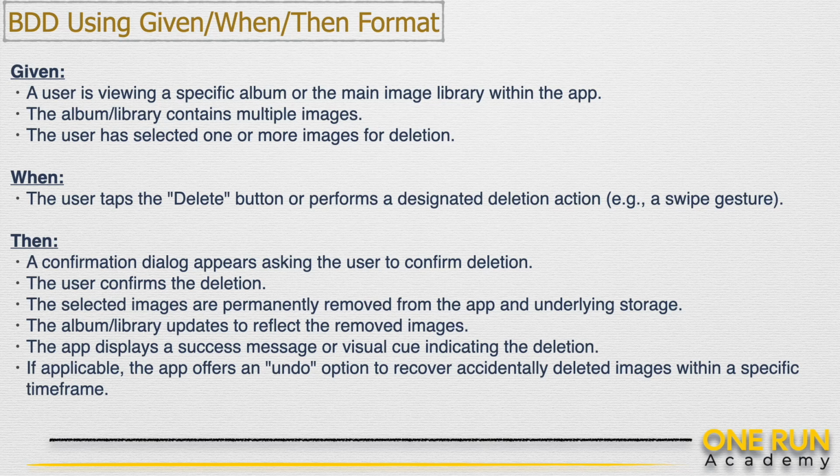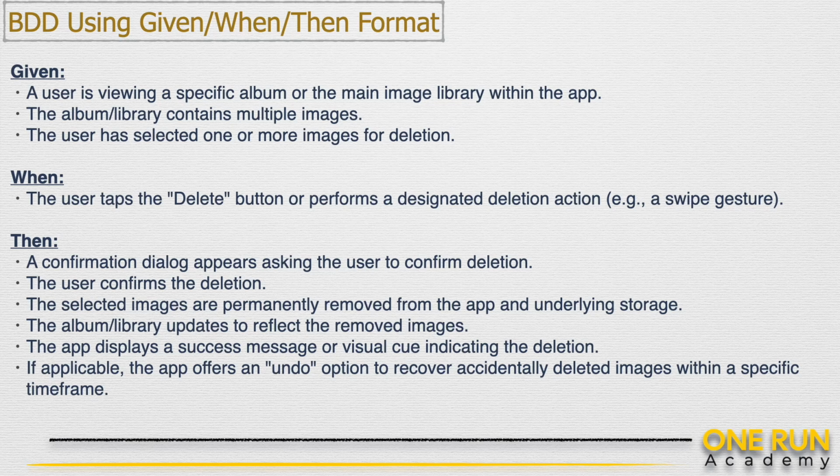When the user taps the delete button or performs a designated deletion action, for example a swipe gesture, then a confirmation dialog appears asking the user to confirm deletion. The user confirms the deletion. The selected images are permanently removed from the app and underlying storage.